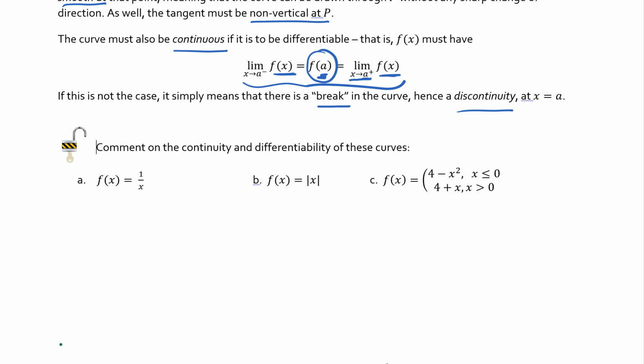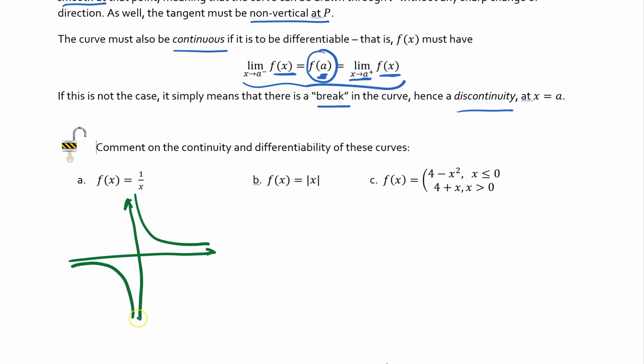So let's think about these examples here. So for the first one, we know that this curve is the hyperbola. We know that the curve doesn't exist at the y-axis and the x-axis, but it's really the x-axis that we're most concerned with. So there is a break in the curve. So it's not continuous at x equals 0.